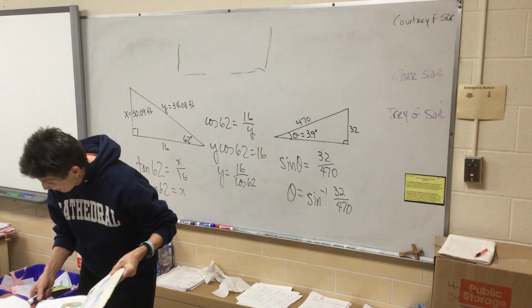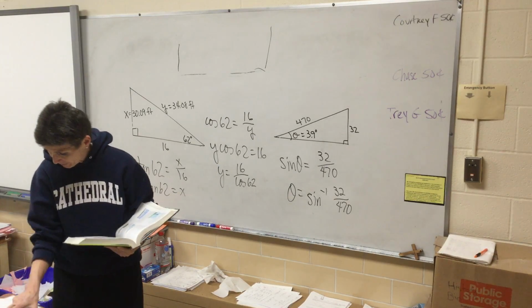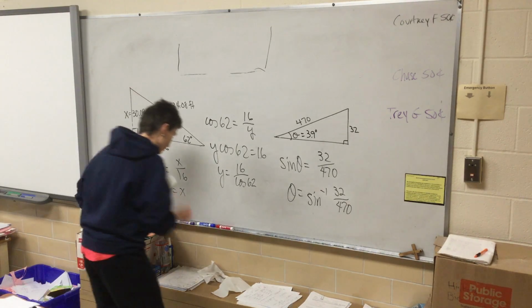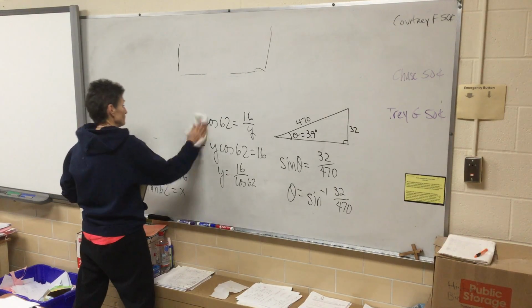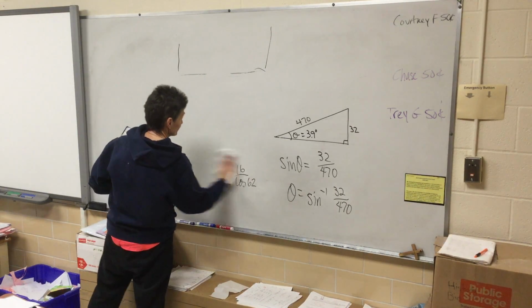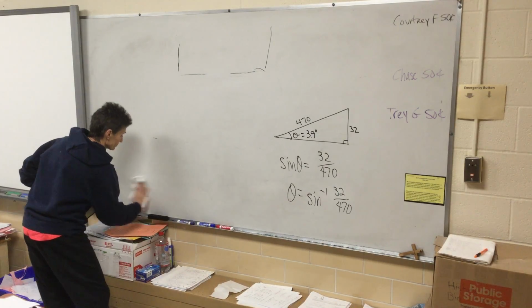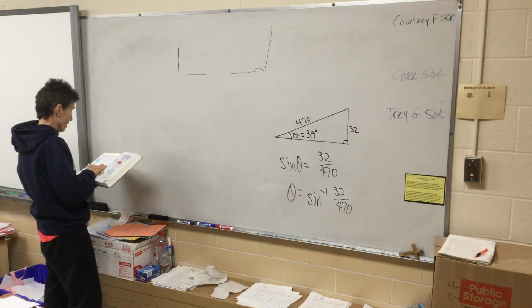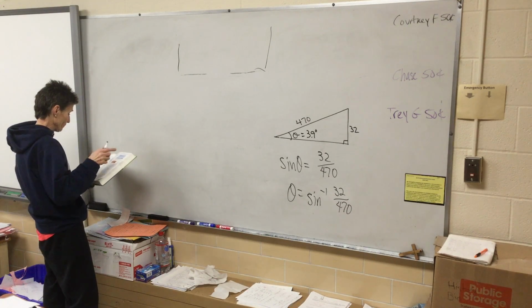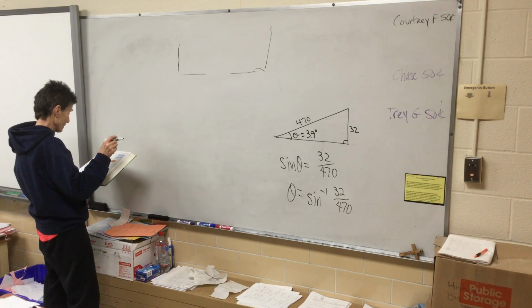All right, let's try 12, only because I want to make sure you can type this in on your calculator. Number 12. We got a building.